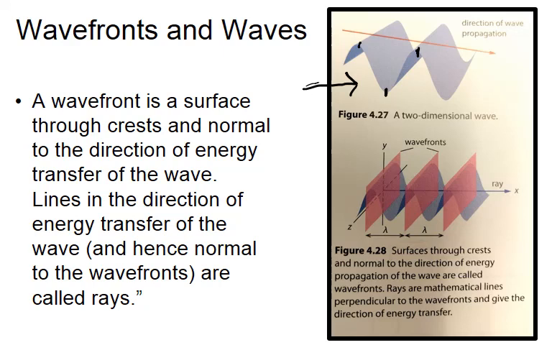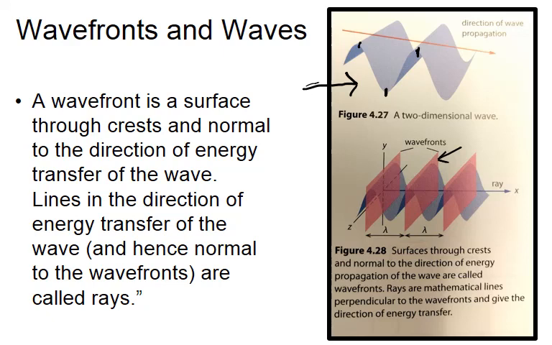So if you look at these magenta or pink planes, they're going right through the crests, and with the caption here, surfaces through crests and normal to the direction of energy propagation of the wave are called wavefronts. Rays are mathematical lines perpendicular to the wavefronts and give the direction of energy transfer.